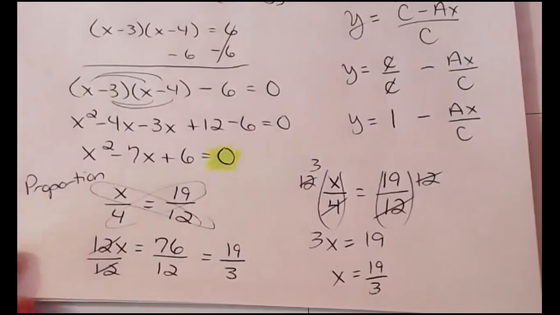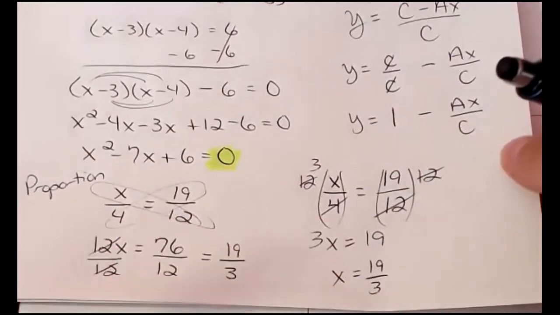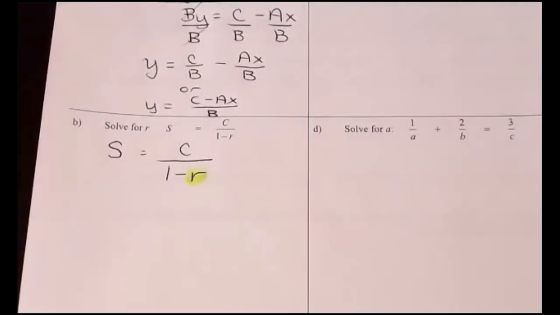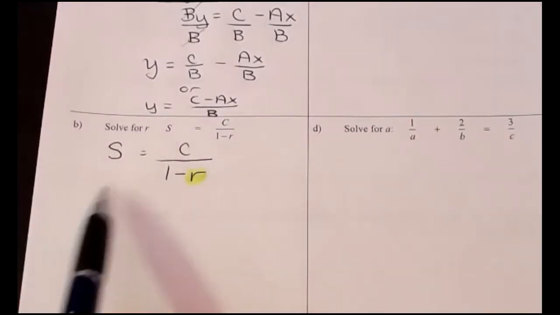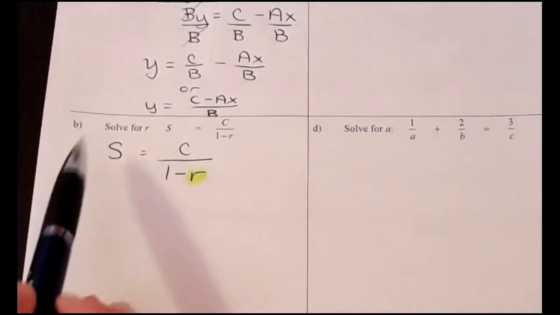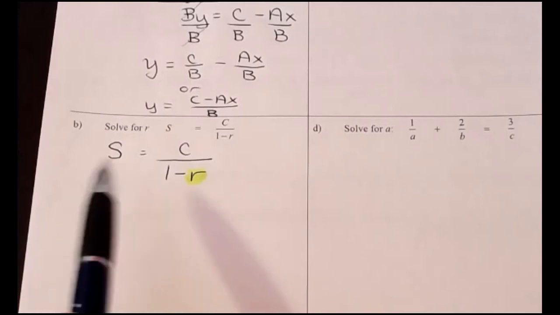So what I'm trying to hint at with showing you these two approaches is that for a problem like this, you could really take either approach. You could write this s over 1 and then cross multiply it, or you can multiply each side by the LCD, which is 1 minus r.